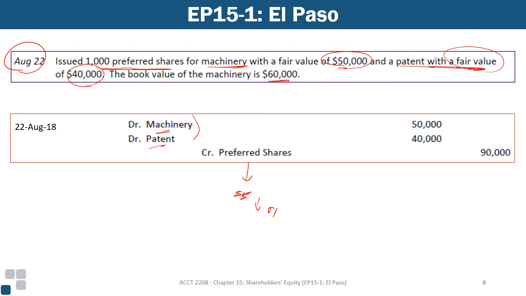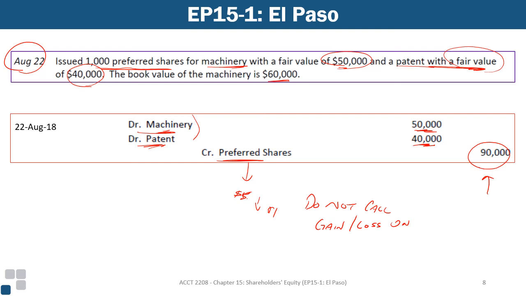So the company is issuing shares, so we're going to credit preferred shares. We'll debit the machinery for its fair value of $50,000, debit the patent for its fair value of $40,000, and the sum of those two is how much gets credited to preferred shares. Do not use a different number for preferred shares and then calculate a gain or loss on purchase. I've seen this so many times, it's almost laughable.